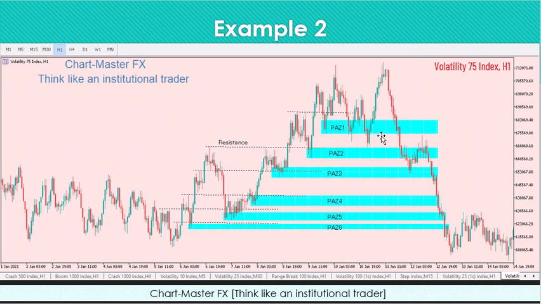It's the next target. So the price came and engulfed price action zone number 2, and it came and consumed price action number 3. But before engulfing price action number 3, it actually went up.